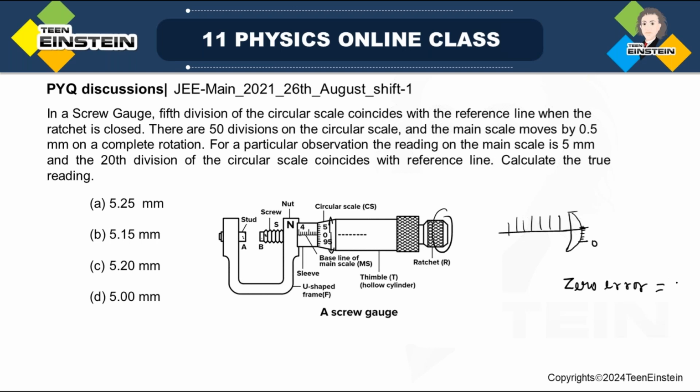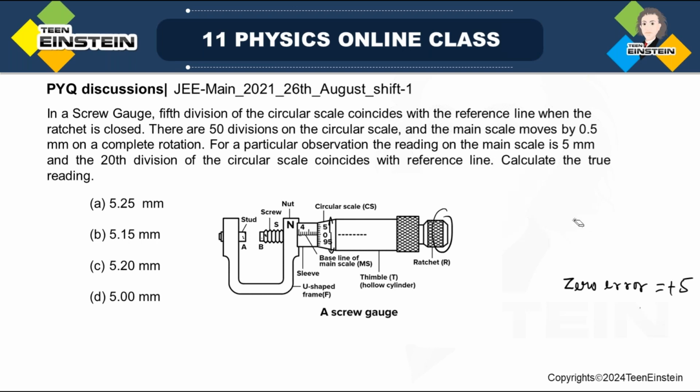The value we have got is 5 in circular scale. So 5 divisions, and whether it is positive or negative, how do you understand? If this zero line is below this baseline, then it is positive. If zero line was above the baseline, then it will be negative. So in this case, you have got the zero error, 5 divisions.